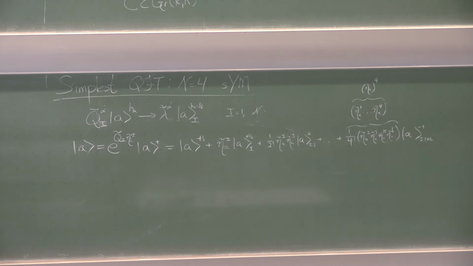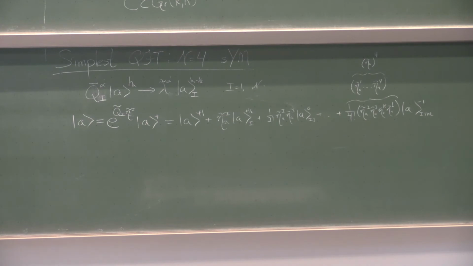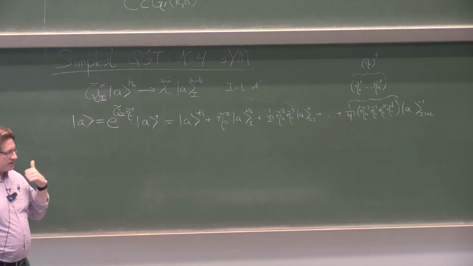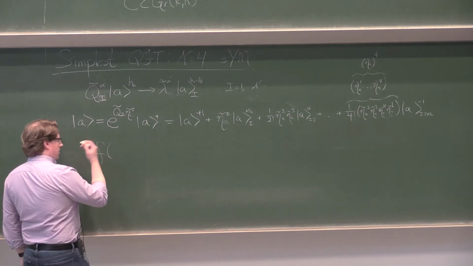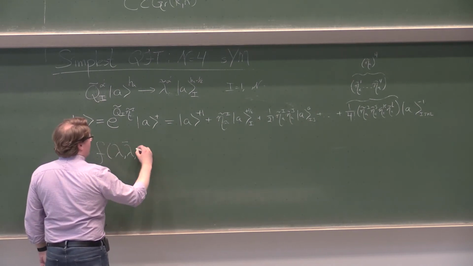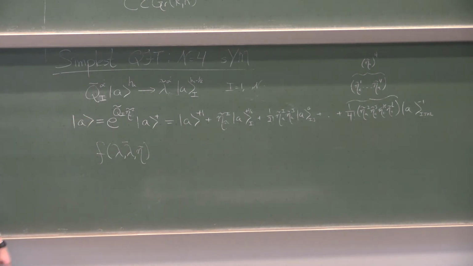Okay. Now, instead of describing the external states in terms of the momentum and the helicities, we're now going to be talking about what I'm going to call superfunctions, which are functions of lambdas, lambda tildes, and these eta tildes. And in order to extract a particular component out of this, you can do a fermionic integral.